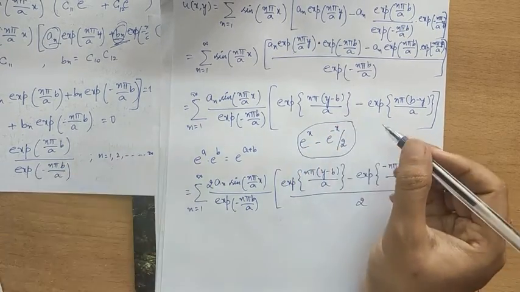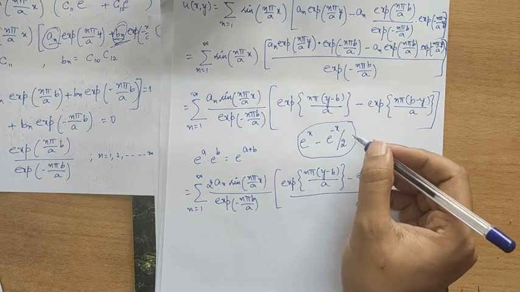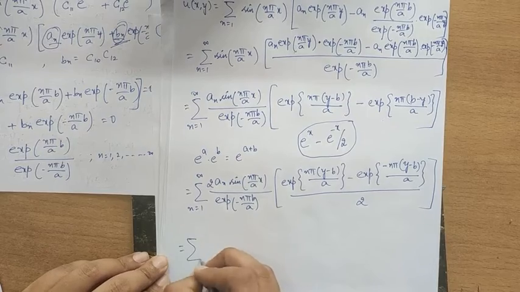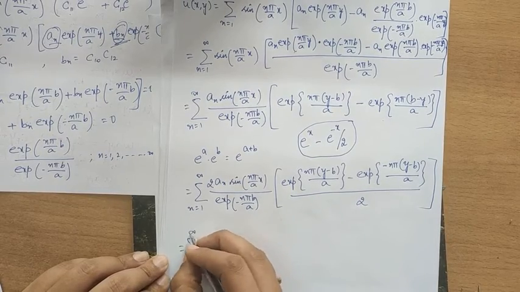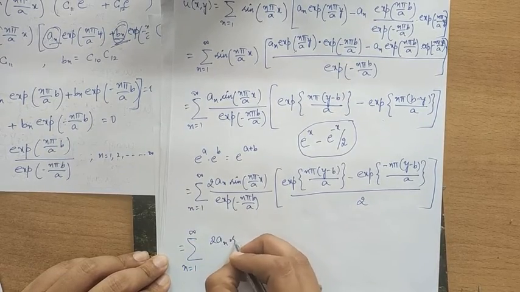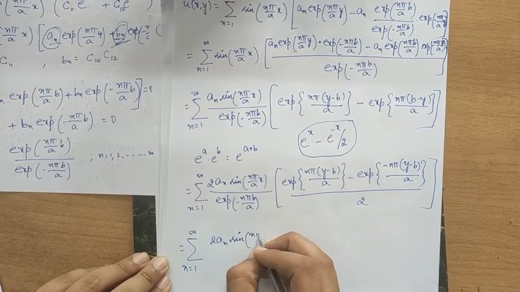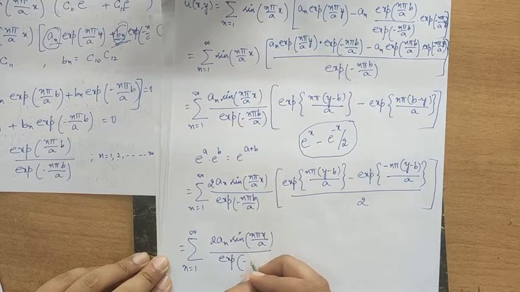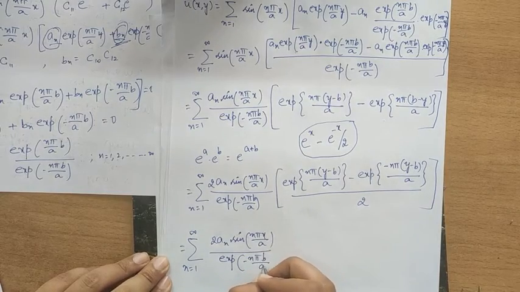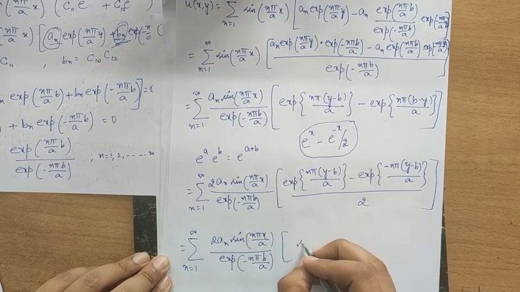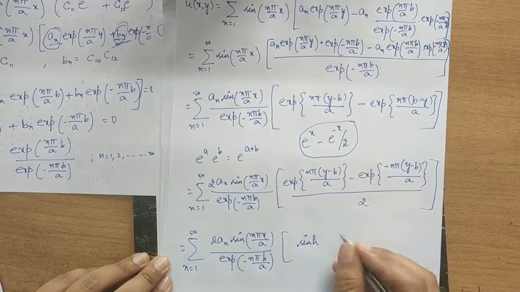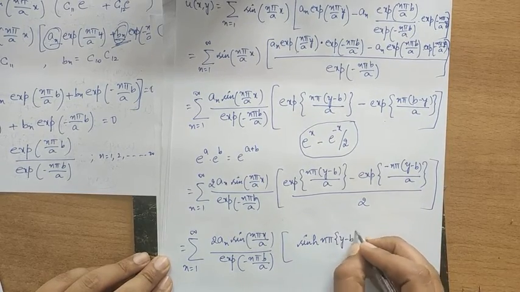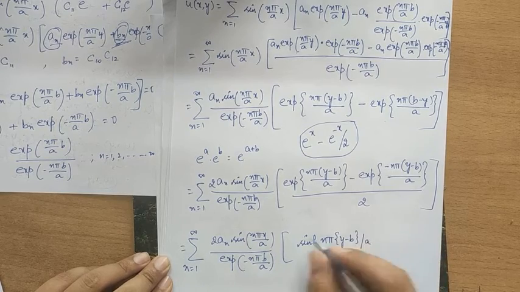So how you can express this? This is nothing but sine hyperbolic, correct? So now you will get summation n is equal to 1 to infinity 2an sin n pi x by a divided by exponential of minus n pi b by a into sin hyperbolic n pi into y minus b by a.